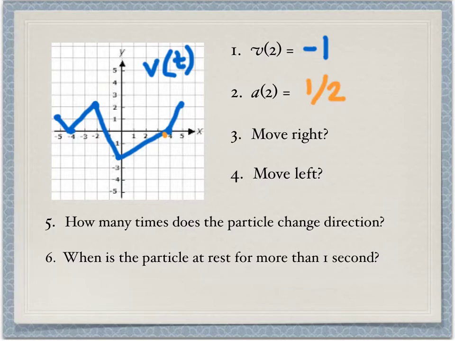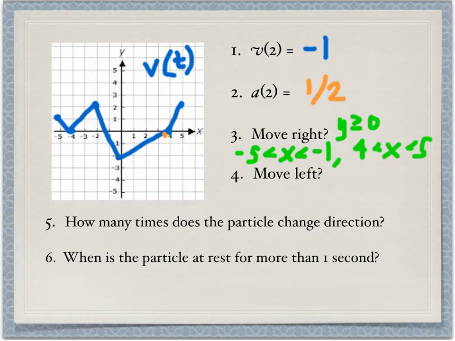Alright, when does this particle move to the right? Well, it moves to the right anytime that y is greater than or equal to 0. And so in this particular case, it's going to be when x is between negative 5 and negative 1, as you can see. And in other places when x is between 4 and 5.